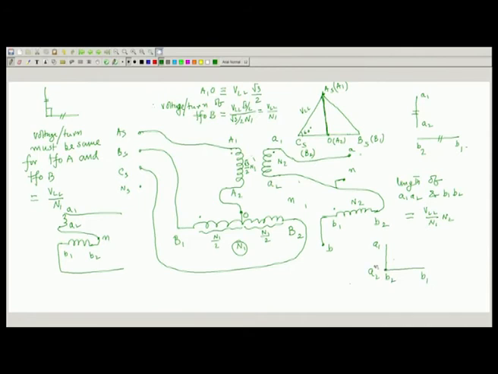That is what I mean. The earlier one will also do, but anyway let us draw like that. So, the A1 B1 supply comes out like that, and this is your balanced two phase voltage.